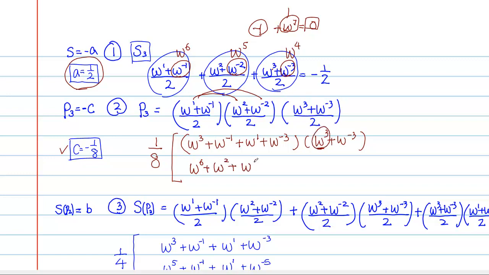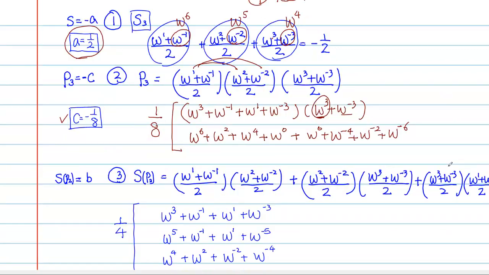The next one is W4 and the next one is W0. Now plus these numbers: W0 again, W negative 4, W negative 2, and W negative 6. Now take a look. This is the conjugate of W4, which should equal W3.